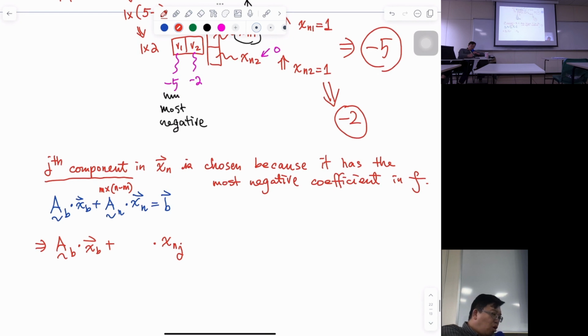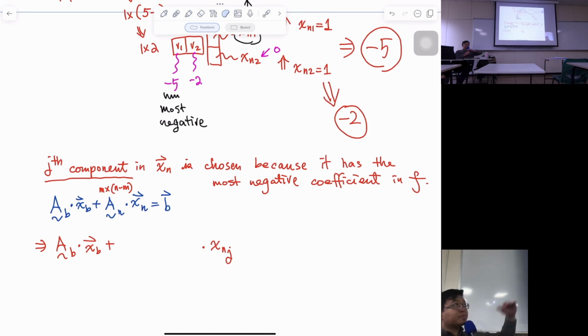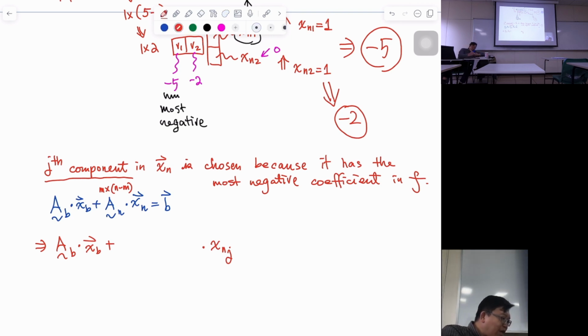So only whatever matters inside the A matrix is what multiplies the jth column. What matters is the jth column.